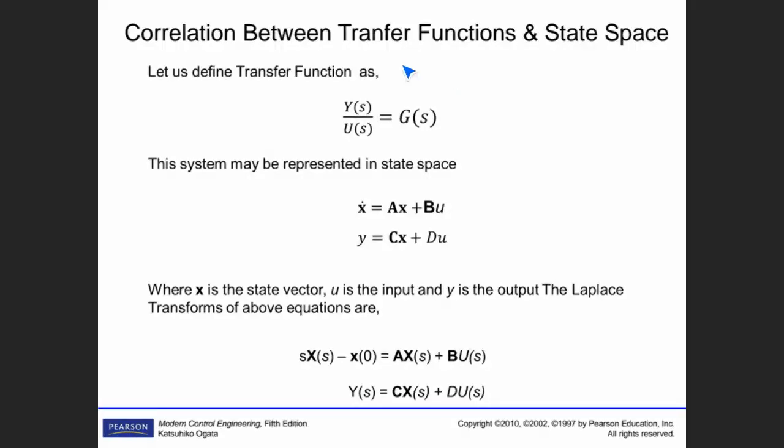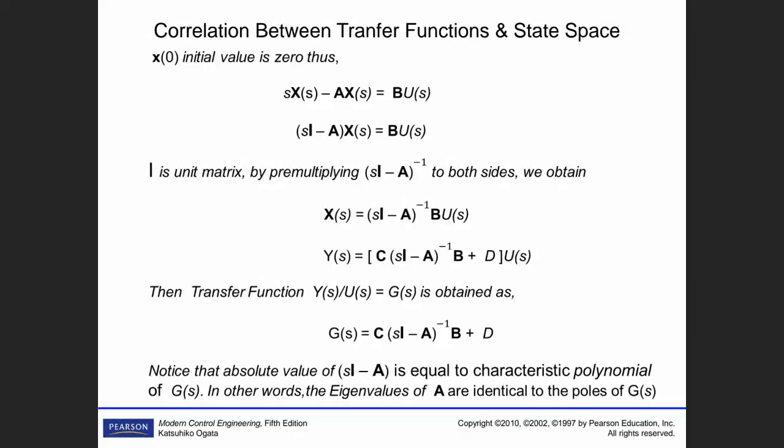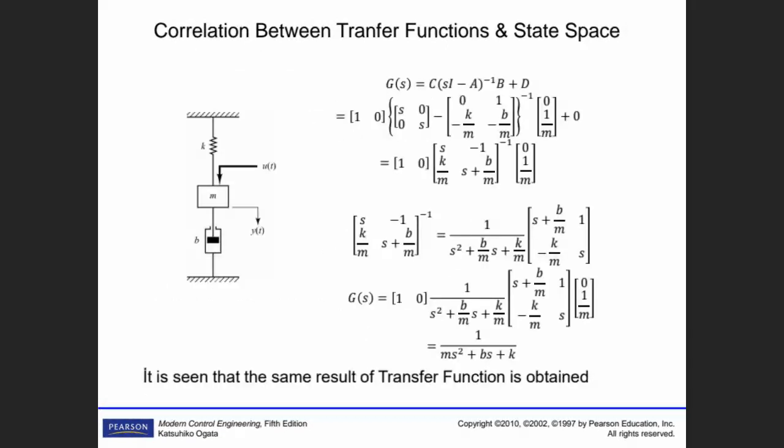I omit those. Now the correlation between transfer function and state space: there are some equations involved here. I don't know whether you could follow me, but I'm going to just give you those equations.